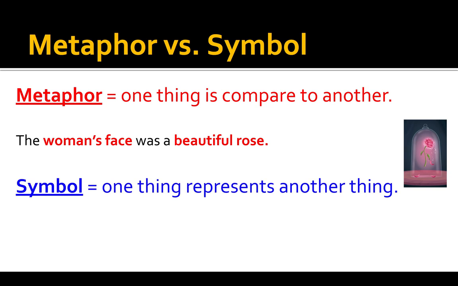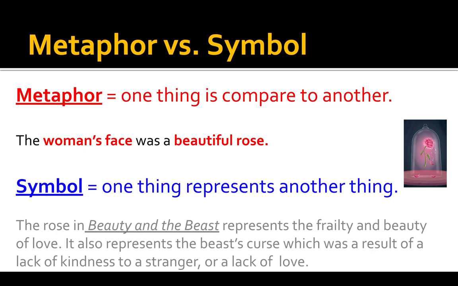A symbol is when one thing represents another thing. So we have the rose, but it's not being directly compared to something else. It's just representing an idea. So for example, in Beauty and the Beast, the rose can represent the frailty and beauty of love. And it also represents the beast's curse, which was a result of his lack of kindness to a stranger or a lack of love.